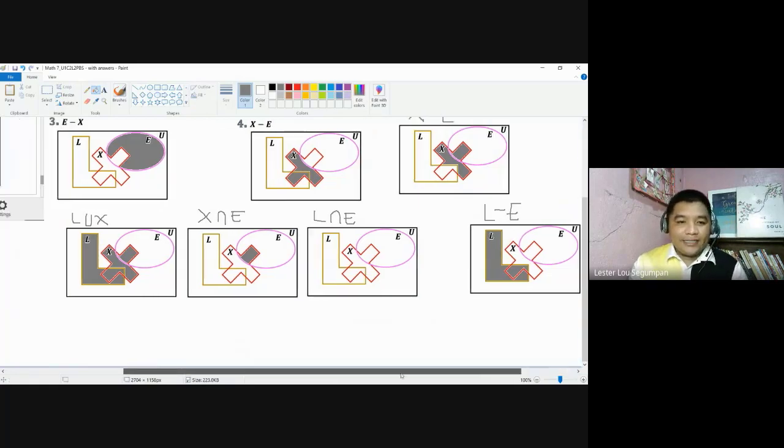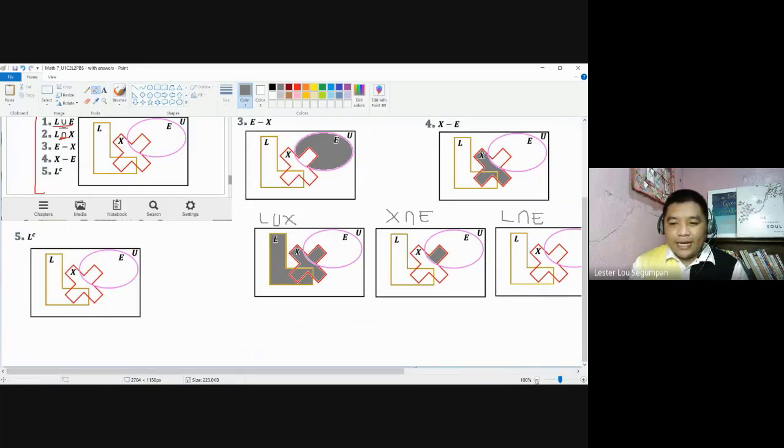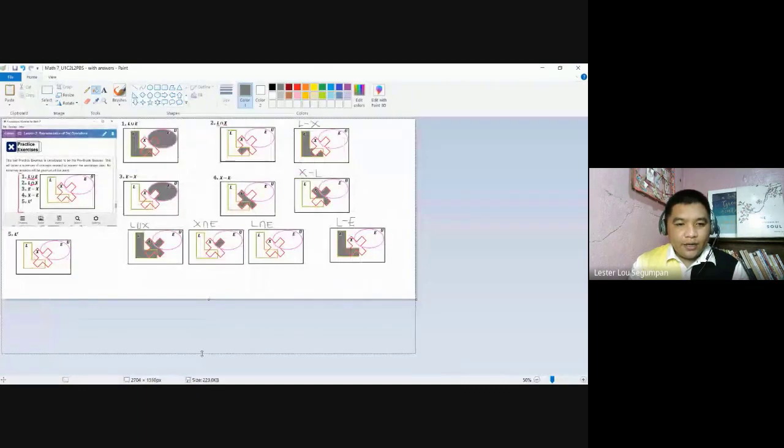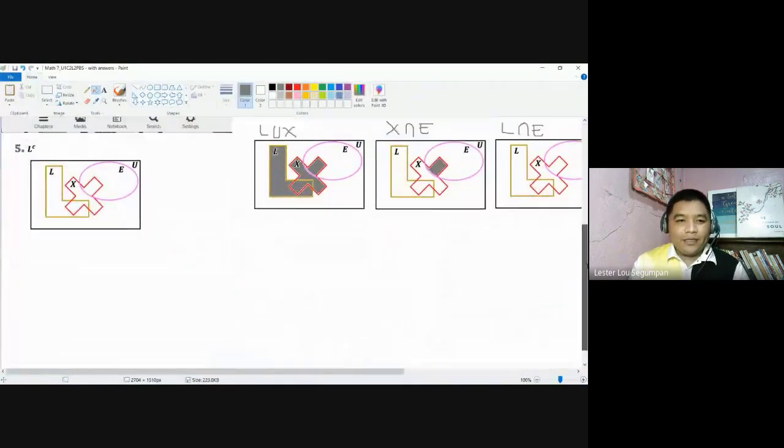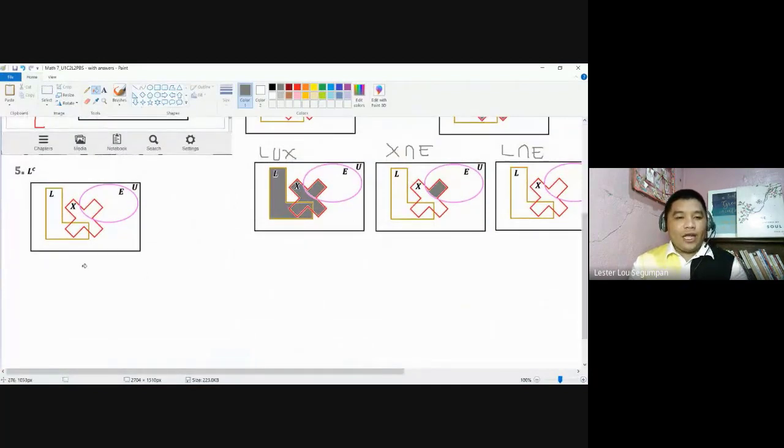Let's proceed to the last item. Last item, let me increase it here, corresponds to the complement of L. If we talk about the complement of the set as compared to the universal set, we are talking about the elements not part of that set but part of the universal set. In other words, we are going to shade the regions not part of the given set but still part of the universal set.